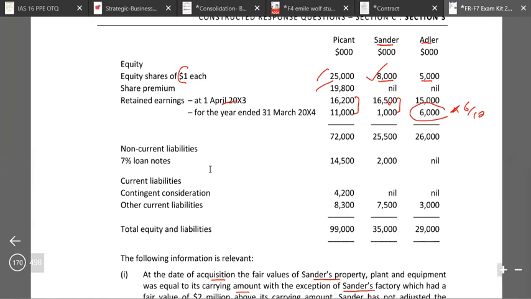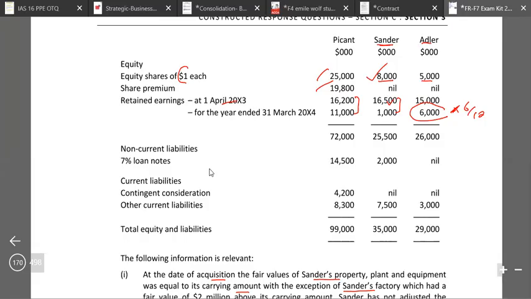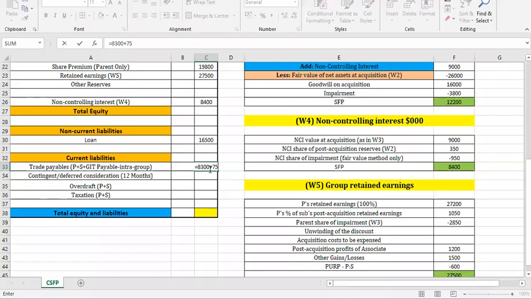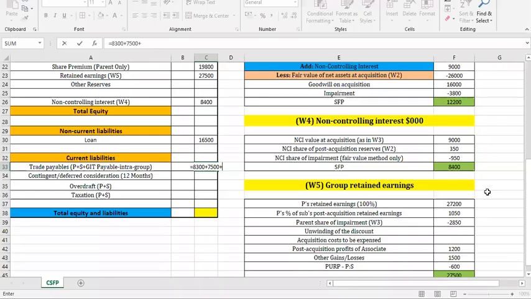So we take 8,300 plus 7,500 plus the goods in transit payable, which was 1,800, minus intragroup payable, which was 3,400. Okay, the contingent consideration is 2,700 because it has been reduced.